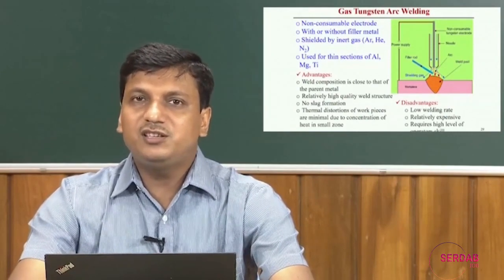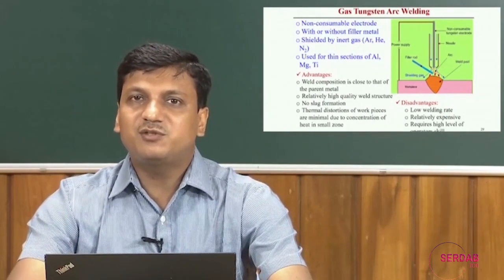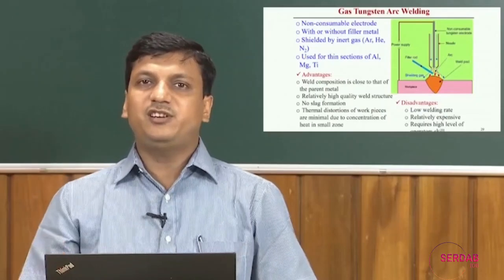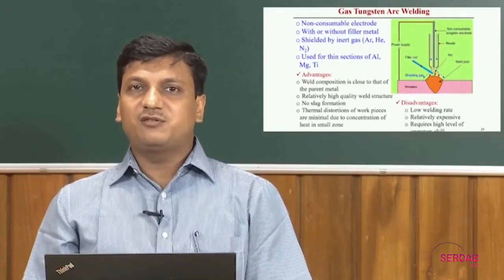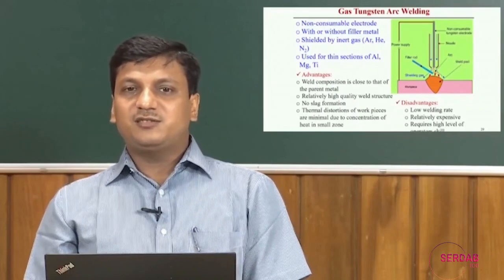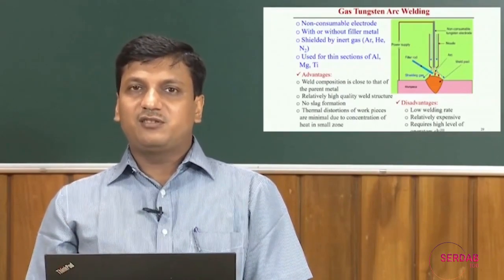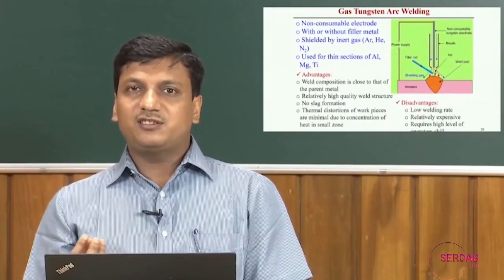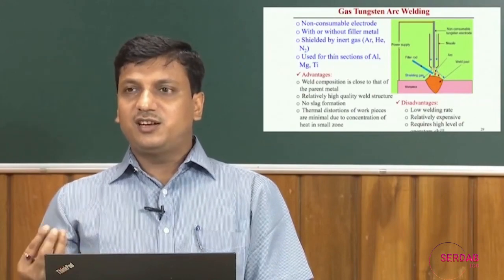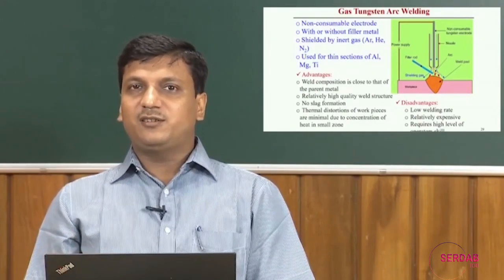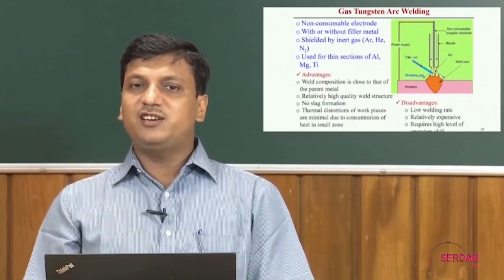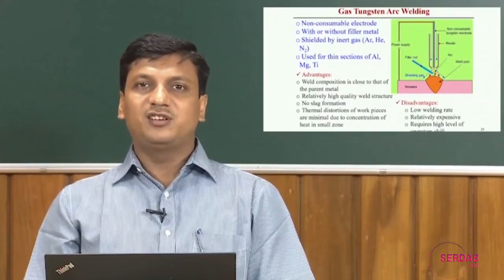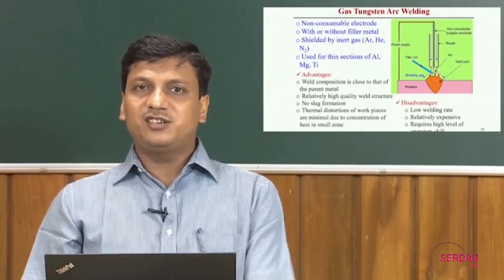In shielded metal arc welding or gas metal arc welding, the concentration of heat depends on the size of the electrode. In gas tungsten arc welding, this can be controlled with different shapes of the nozzle tip, and accordingly heat can be concentrated, and of course it also depends on the shielding gas flow rate.